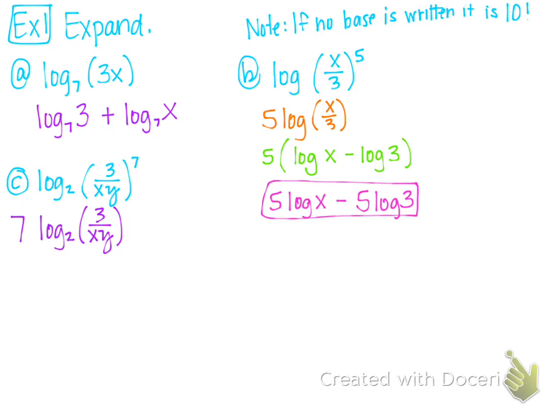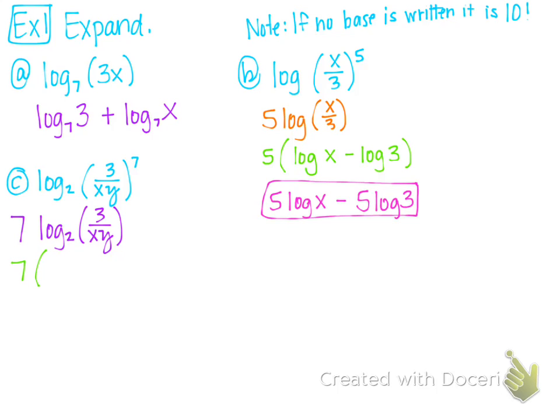Now, if you're faced with a situation where you've got product property and quotient property, try to take care of your quotient property first. So we're going to have the numerator minus the denominator. And then we can go back and split up that x and y. So here's where things get a little crazy with our signs. So let's use the quotient property.